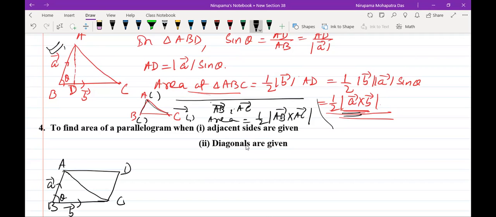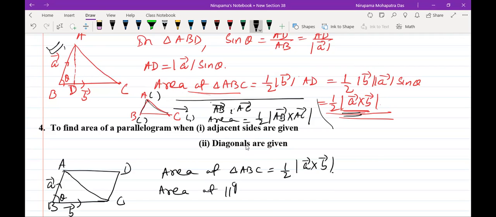The area of triangle ABC is half of the magnitude of A cross B. Now, for the area of parallelogram ABCD, the diagonal AC divides the parallelogram into two triangles of equal area.